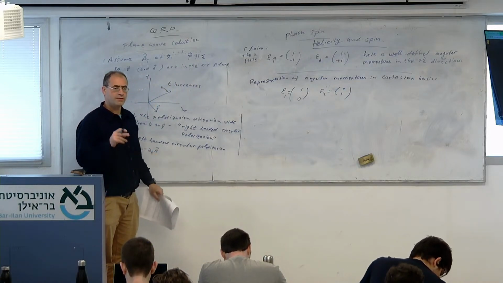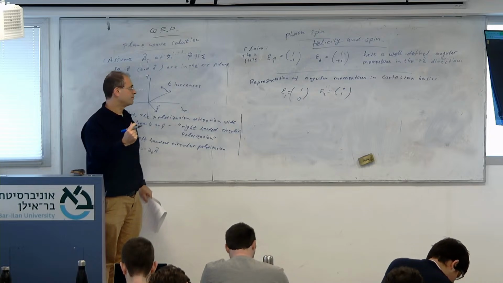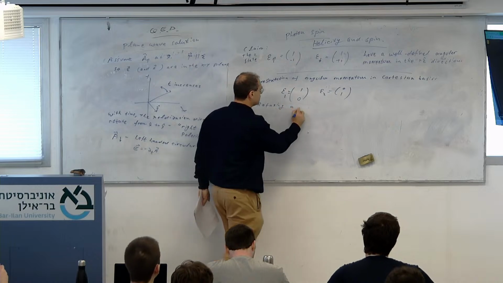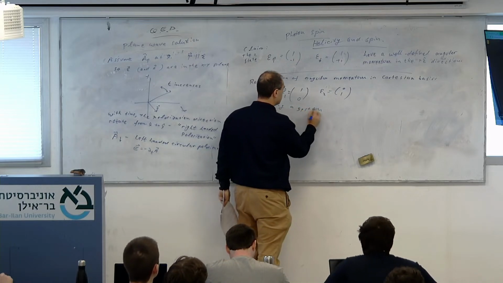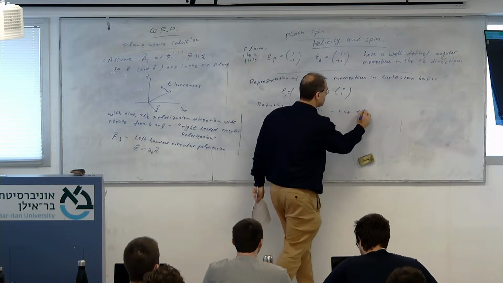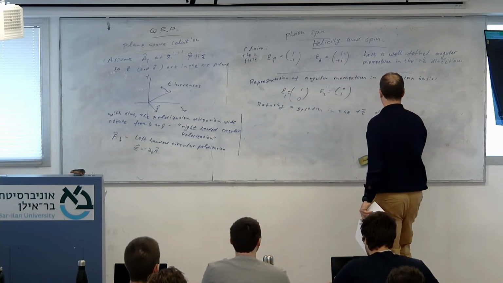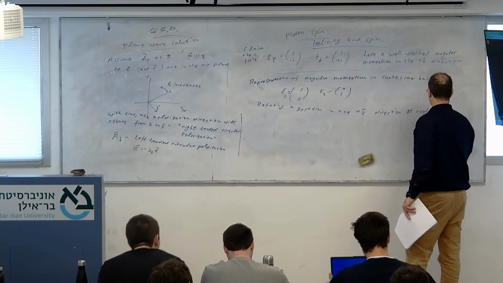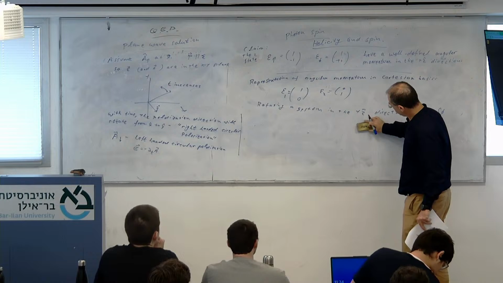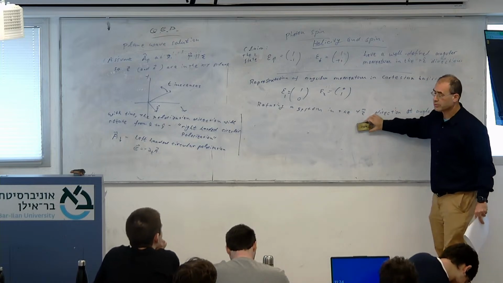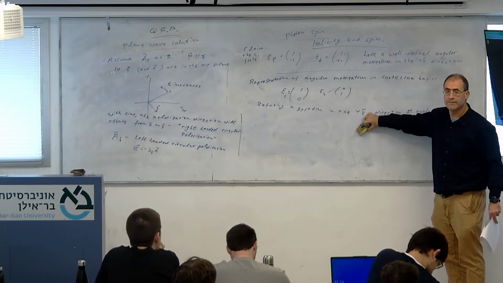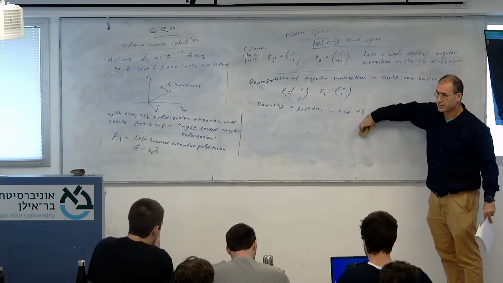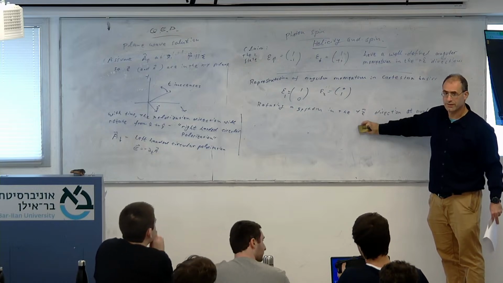Now, if I want to take a system and rotate it in the plus z direction at an angle delta phi, I'm rotating it around the z direction at delta phi.